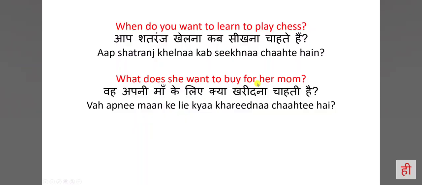What does she want to buy for her mom? वह अपनी माँ के लिए क्या खरीदना चाहती है. वह is she. अपनी is her. माँ is mom. के लिए is for. क्या is what. खरीद is buy. ना is to. खरीदना is to buy. चाह is want.